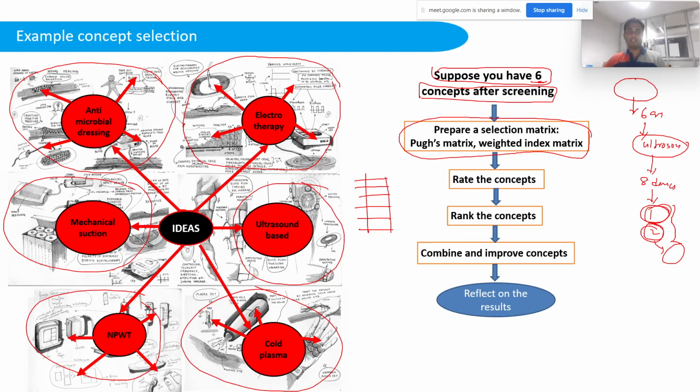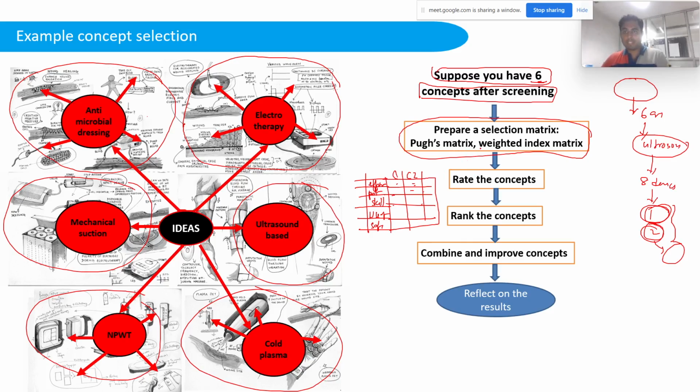For example, here, effectiveness of healing is a criterion, portability is a criterion, skill dependency can be a criterion, use of power can be a criterion, and also safety can be a criterion. So you make a matrix, which is called a selection matrix, and you evaluate various concepts by giving them a rank or rating.